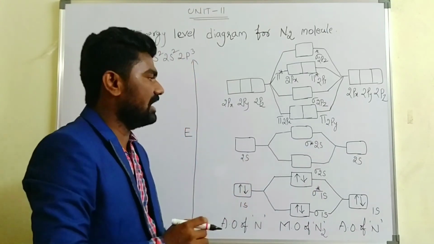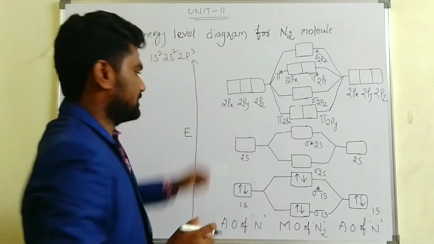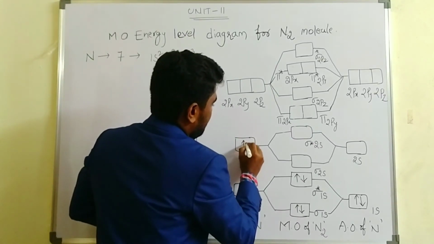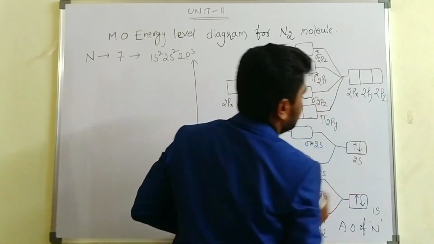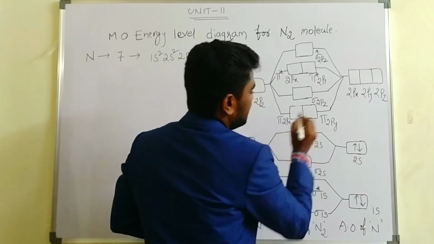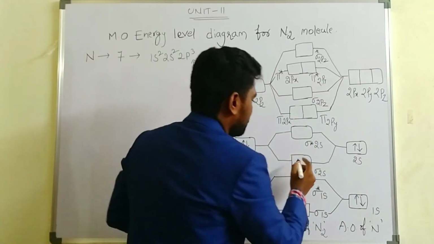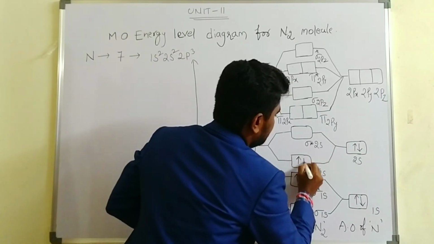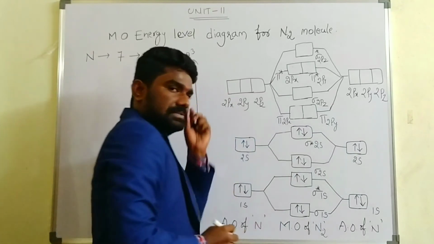After that we have the 2s orbital, isn't it? In the 2s also we have 2 electrons, 2 from one nitrogen atom and 2 electrons from the other nitrogen atom. In total here also we have 4 electrons, and so we need to fill the 4 electrons in the bonding molecular orbital as well as the anti-bonding molecular orbital. That is, here we need to fill 2 electrons and here we need to fill 2 electrons, isn't it?